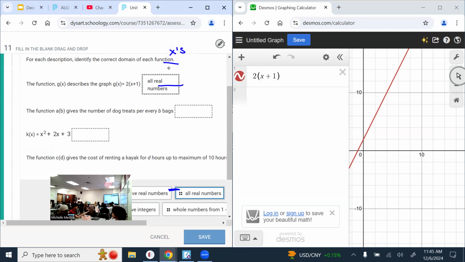Number of bags. Because, well, a few reasons. The number of dog treats would depend on how many bags you have, right? Also, the function notation is the big giveaway. What's in the parentheses? A B, which stands for bags in this situation. So it's asking about the domain only, asking about what's in the parentheses. So you're coming up with what a reasonable number of bags would be.